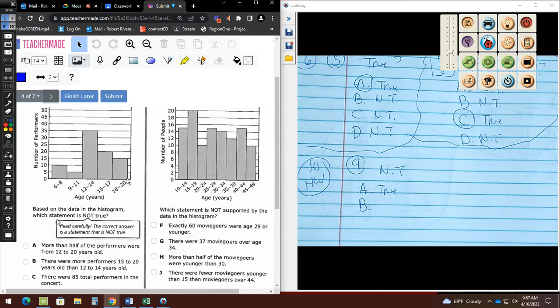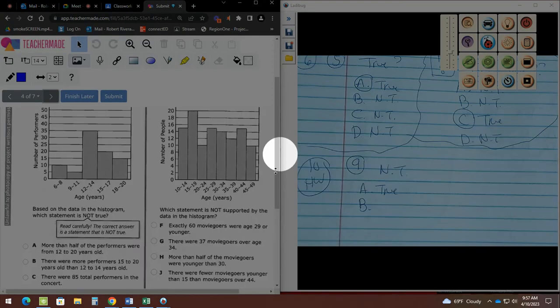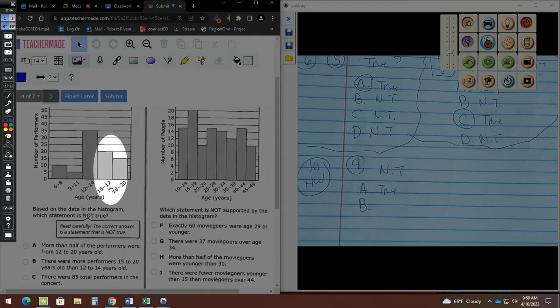How many do we have total? Look, right now what we should be doing is this. They want this guy and this guy together. And we have 20 plus the 15 is 35. Now, they're saying that there's more of these than this one. Is that true? Is it true or no?